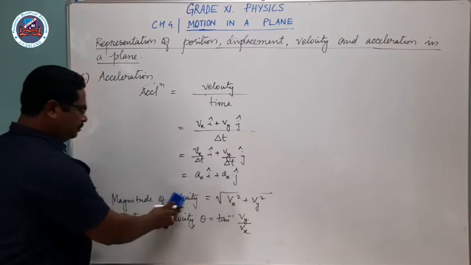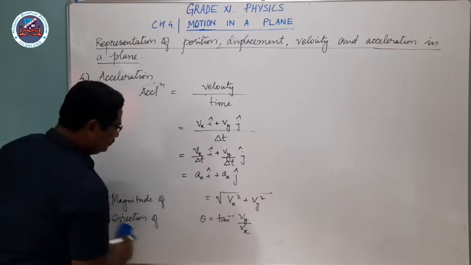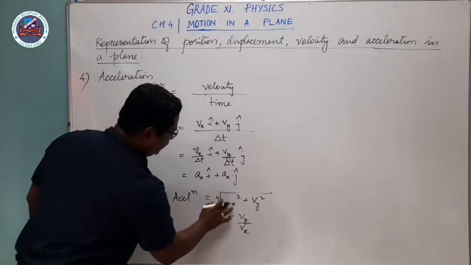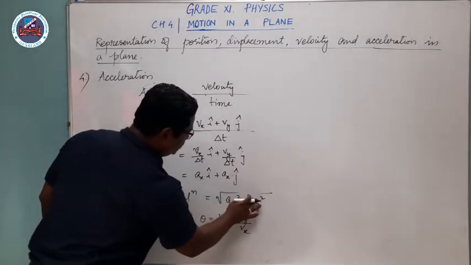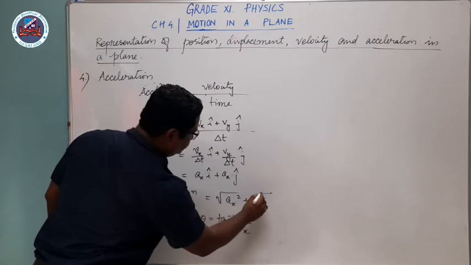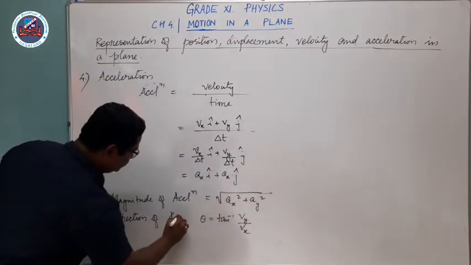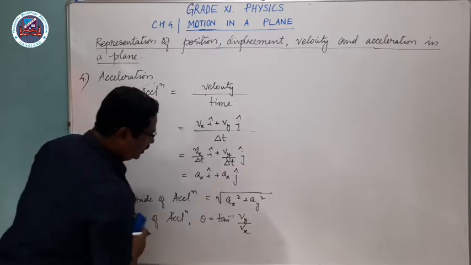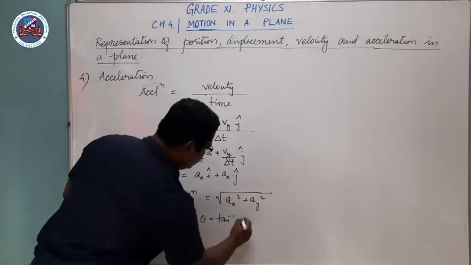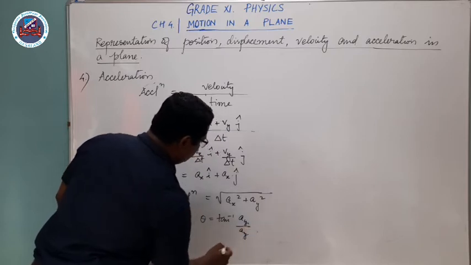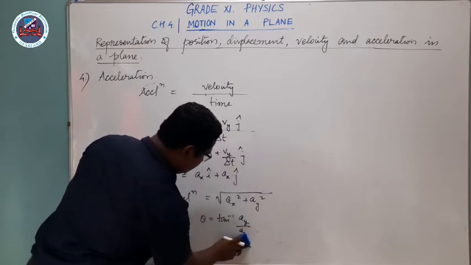Then the magnitude of acceleration we can write as root over ax square plus ay square. And the direction of acceleration, theta, is equal to tan inverse of acceleration along y-axis divided by acceleration along x-axis.